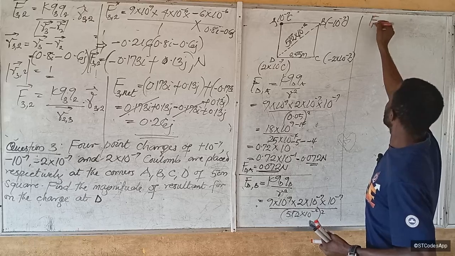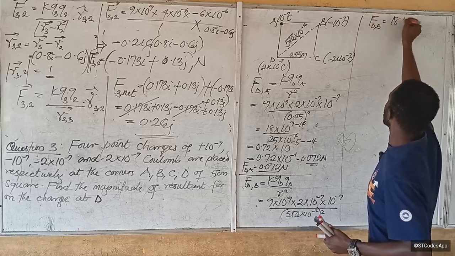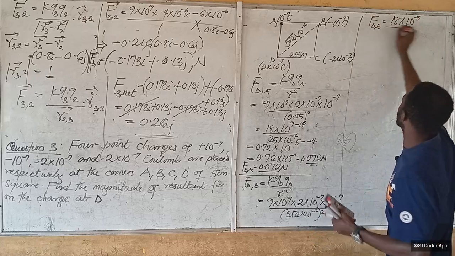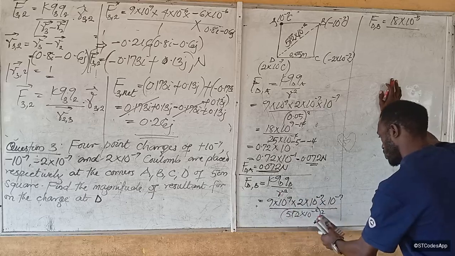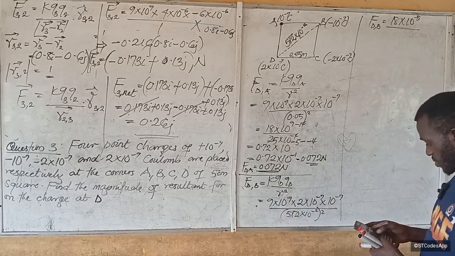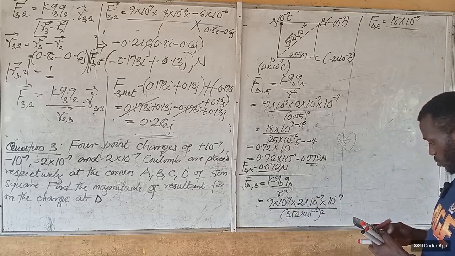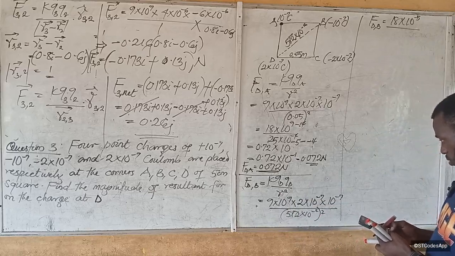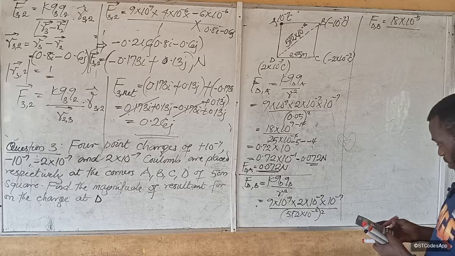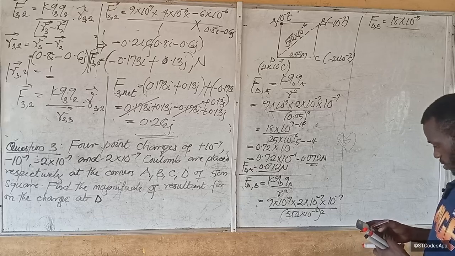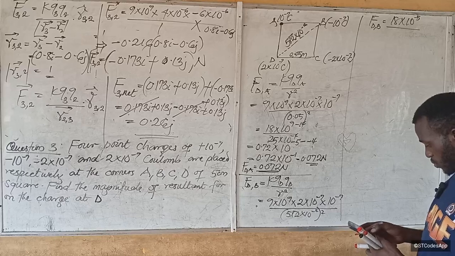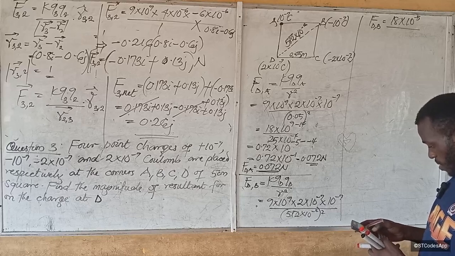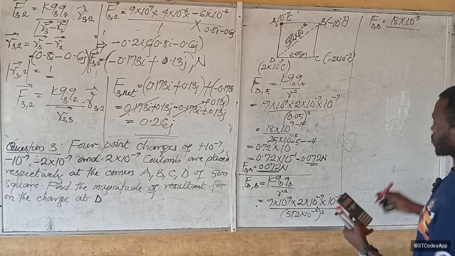So FDB will be equal to 18 times 10 raised to the power minus 5 all over R squared, 5 root 2 all squared, which is equal to 50.